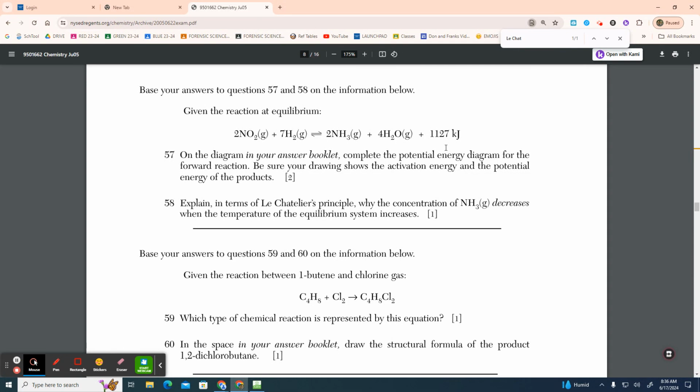Done. That's the answer. It shifts to the left. That is why ammonia decreases. Because everything that's on the right gets pushed to the left. Okay? You understand? If it says in terms of Le Chatelier's principle, the answer will be it shifts to the left or it shifts to the right.